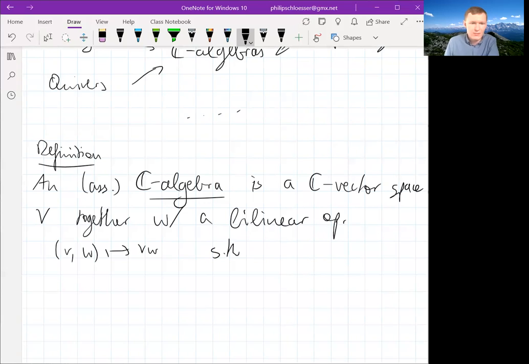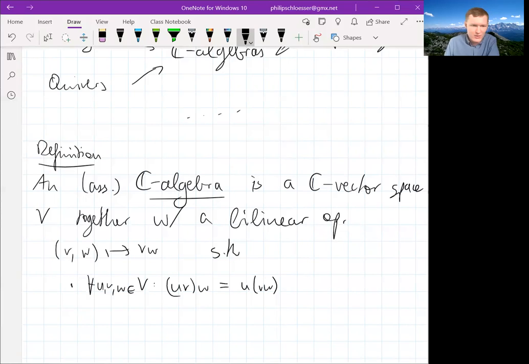We want it to be bilinear, so if you multiply with a scalar here or there, that should carry on to the result. But we want one more thing, namely we want this to be associative. So for every u, v, w in V, we want (uv)w equal to u(vw). Well, that might have been expected.